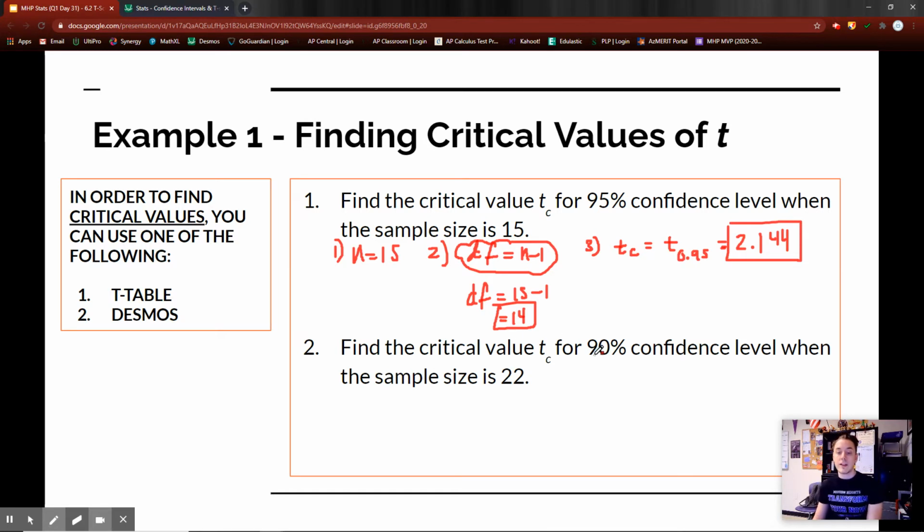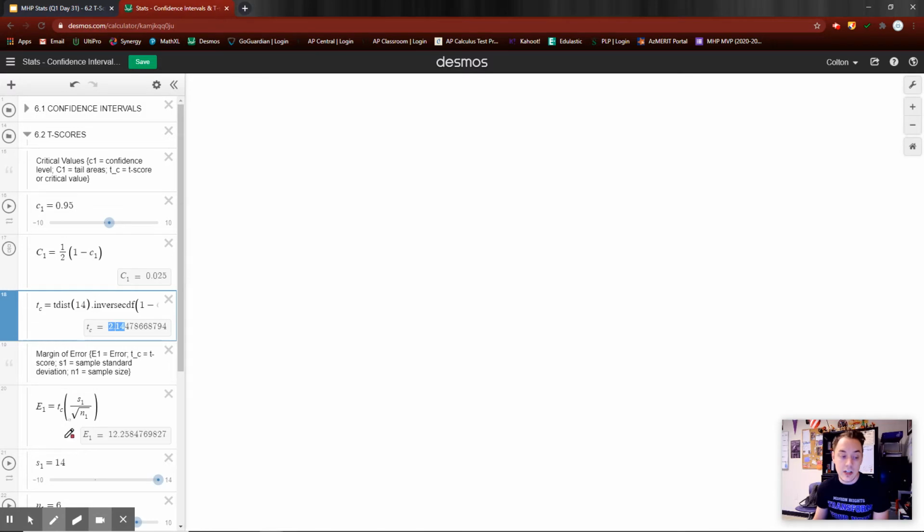Find the critical value for 90% now when the sample size is 22. That means my degrees of freedom is 22 minus 1, so this is 21. And so now my critical value at 0.90 equals what? Let's go back over here. I need to change a couple of things.